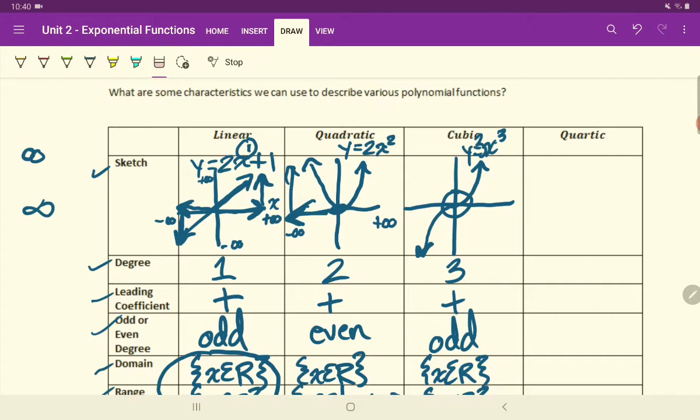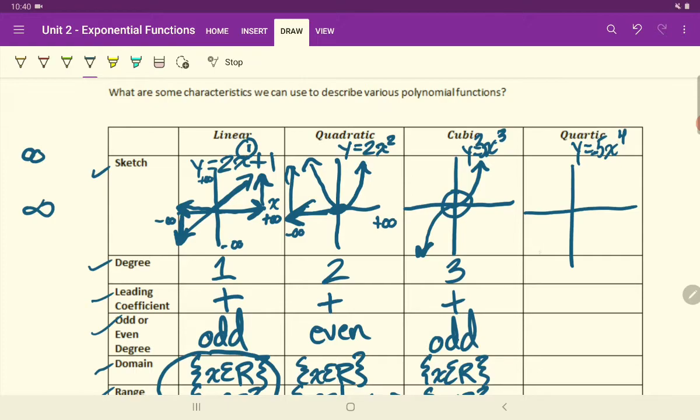A quartic function can look something like this. Let's use an example of y equals negative 5x cubed, sorry, x to the 4.